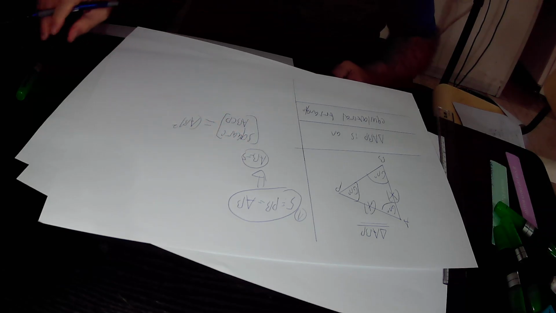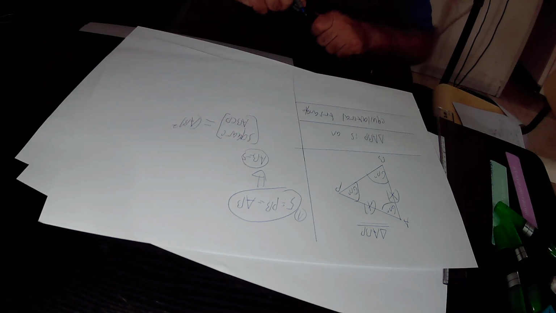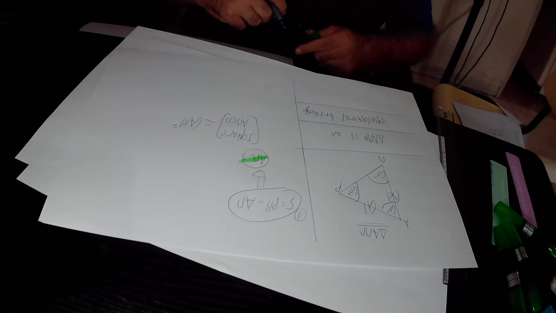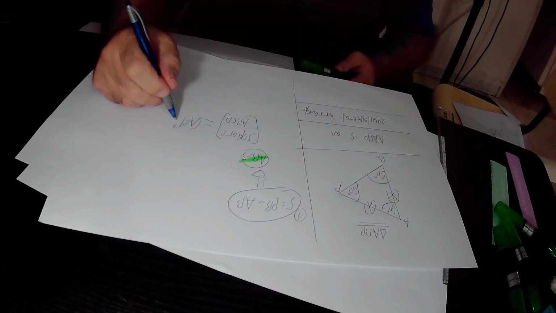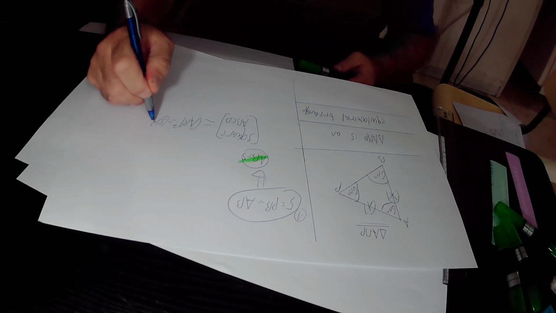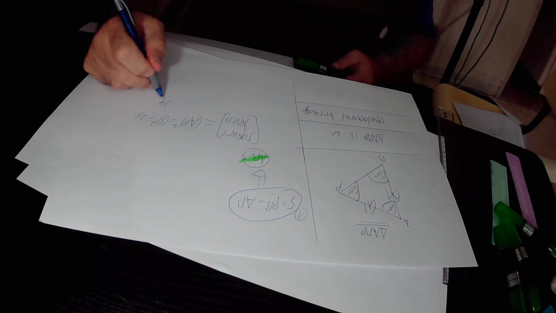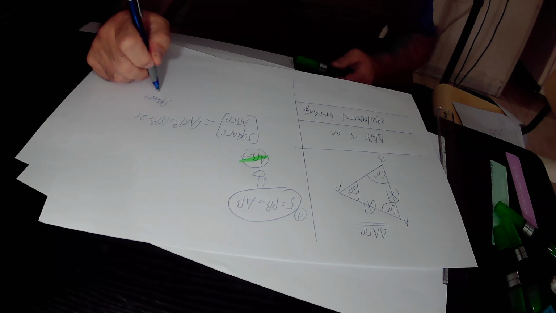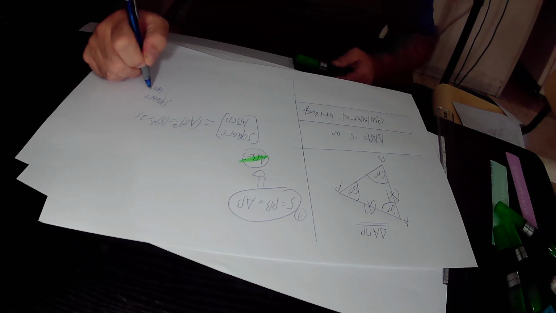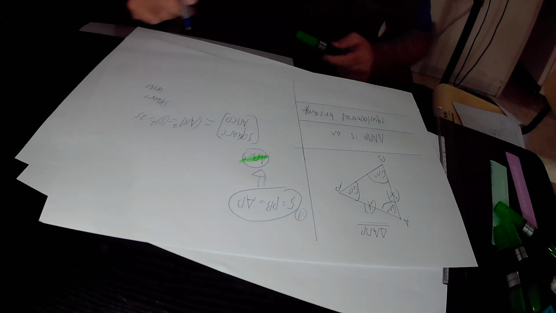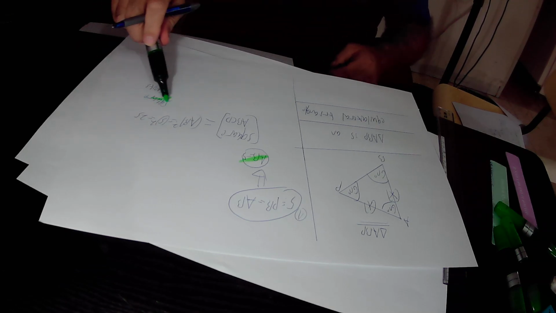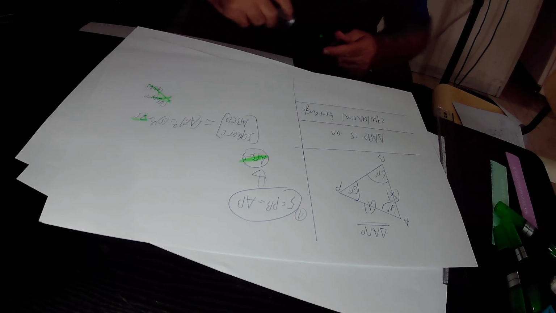AB is 5. Therefore AB squared is 5 squared. 5 squared is 25. So the area of square ABCD is equal to 25 square units in its size, according to the second method.